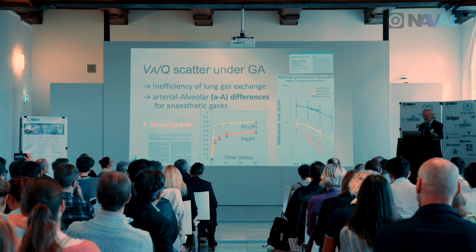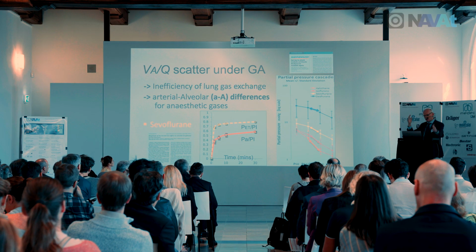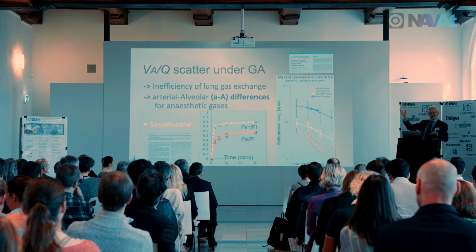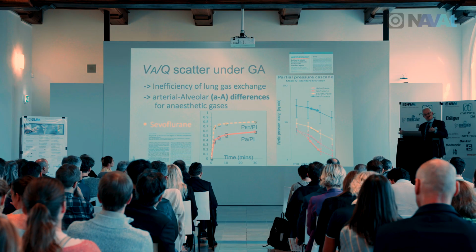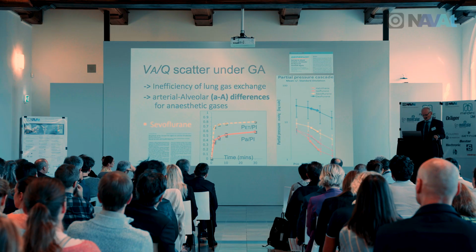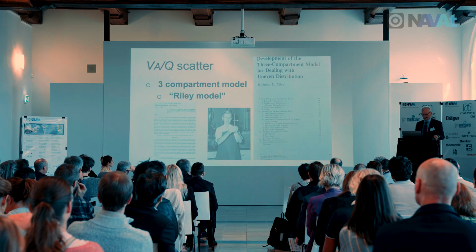So this is the bit in the middle, and it's a substantial contributor to that partial pressure cascade, which of course reverses in direction at the end of the anaesthetic when you turn off the inspired gas. That cascade tips up the other way as the gases are gradually eliminated from the body.